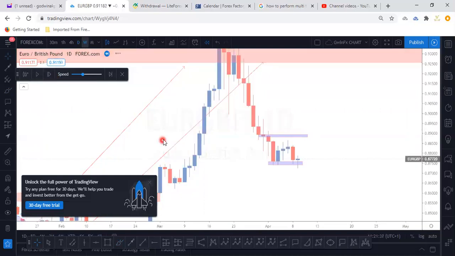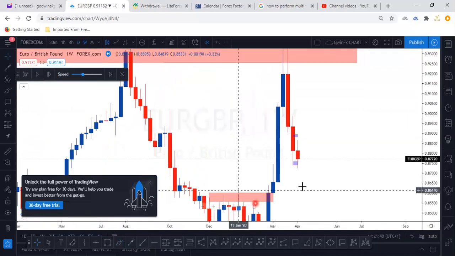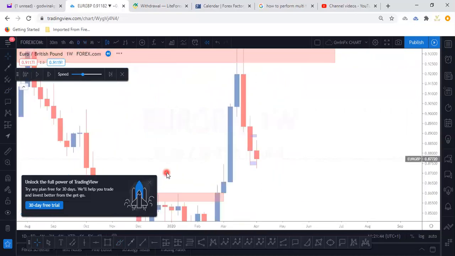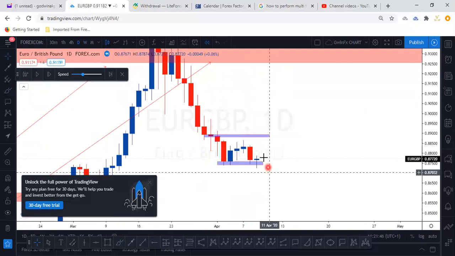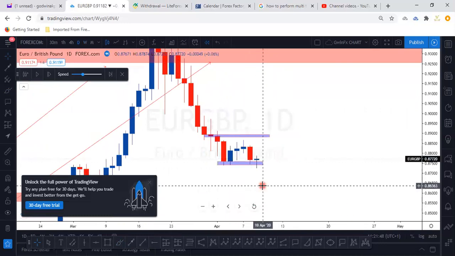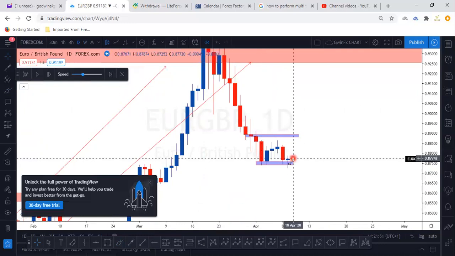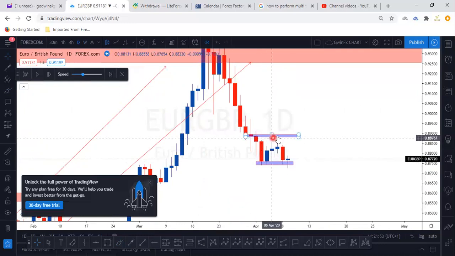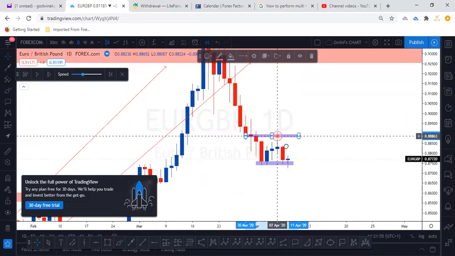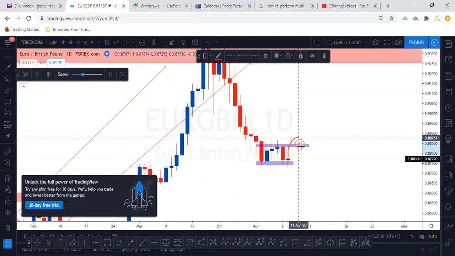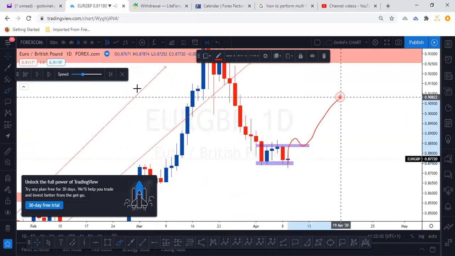Now, what do we have on the weekly? The weekly shows an indecision candle. So it's not a reversal on the weekly, but we have a support on the daily. So we need a confirmation. Next, we have a little range bound here. So we want to be seeing a breakout and a retest, and we continue.